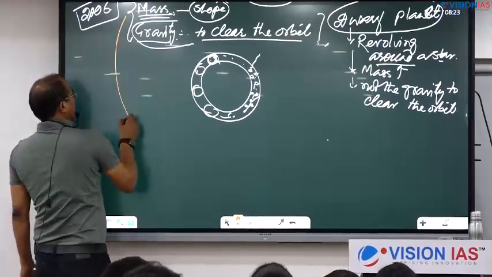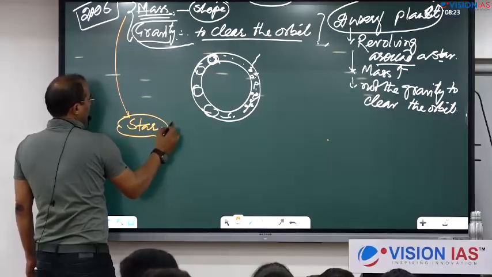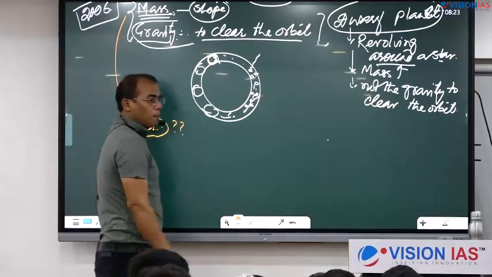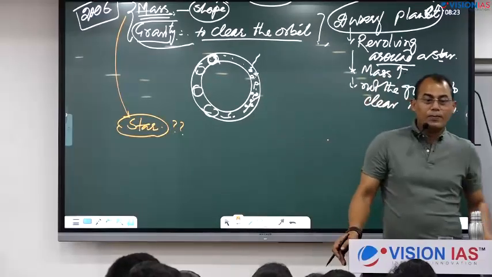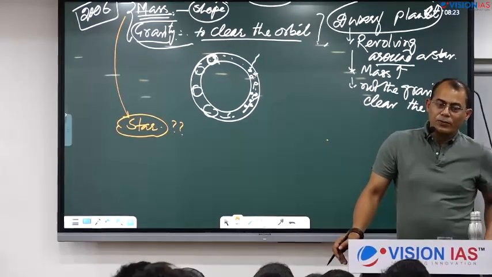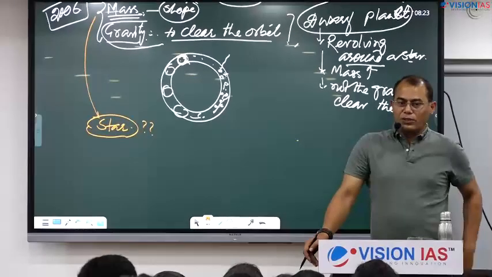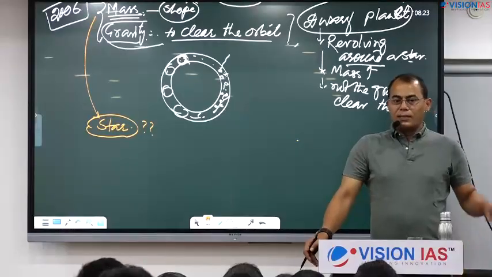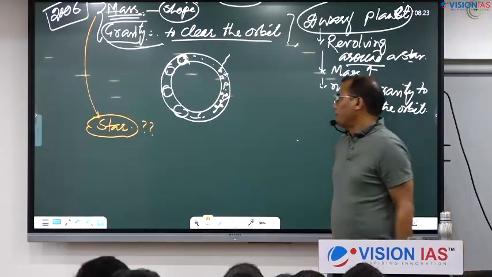So any celestial body revolving around a star. What is a star? Which emits light on its own, which produces energy. And some part of energy is seen in the form of light.